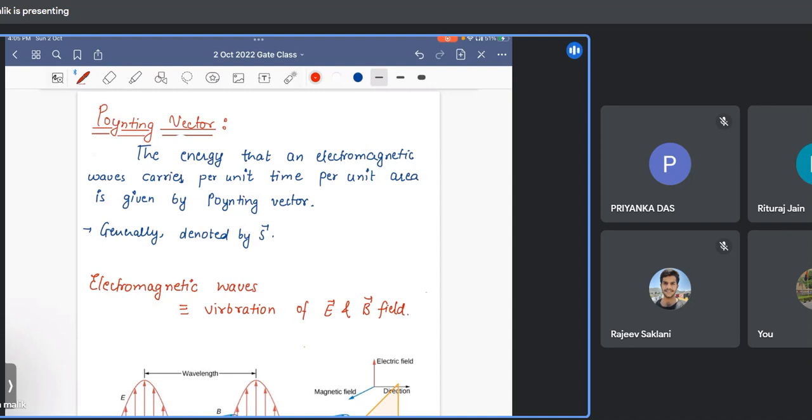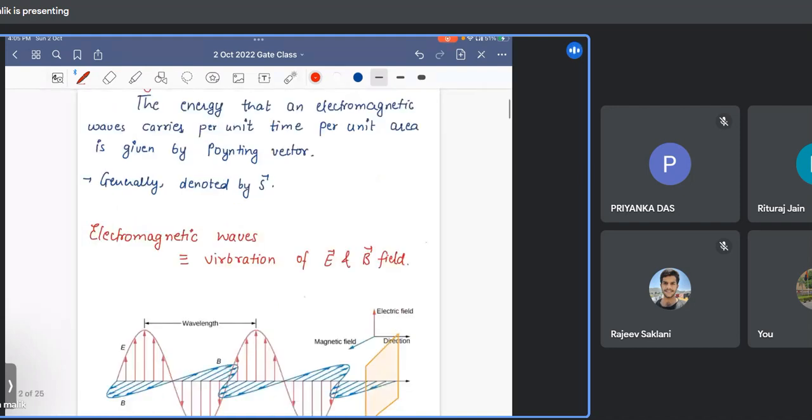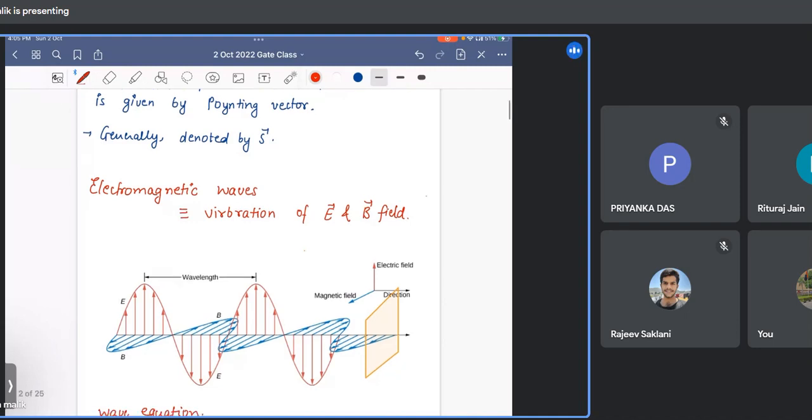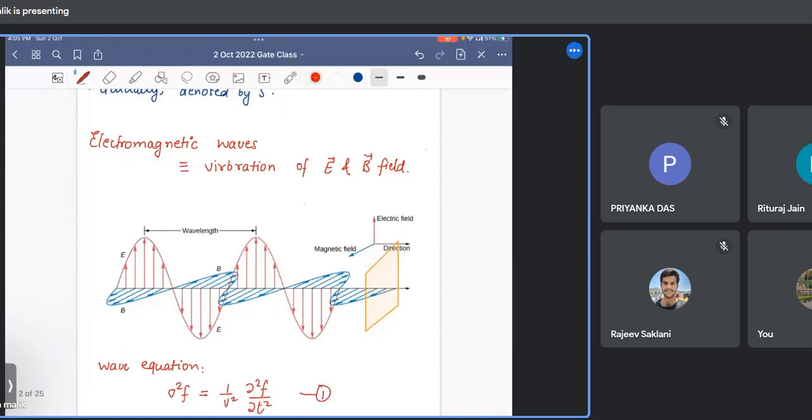You are familiar with the concept of electromagnetic waves that we talked about in the last classes: electromagnetic waves are the vibrations of electric and magnetic fields which propagate perpendicular to each other, and they also follow the wave equation.